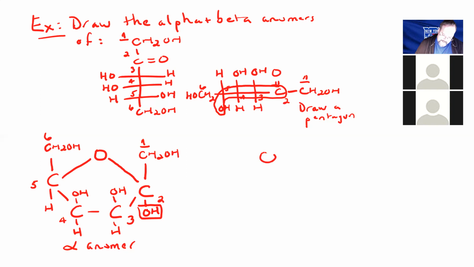Now, for the beta anomer, if I've done everything right, I'm essentially going to retrace my entire alpha structure, except for what's going on at carbon 2.